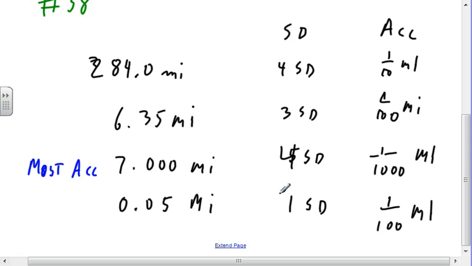And he said find the measurement that is the most accurate. Most precise. What problem am I doing? I'm doing 38.